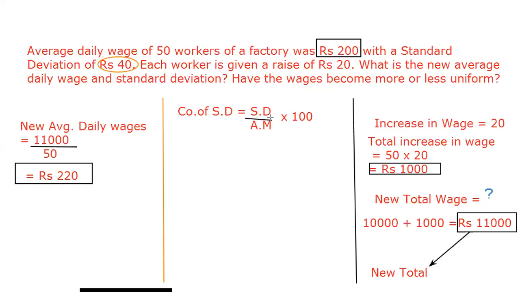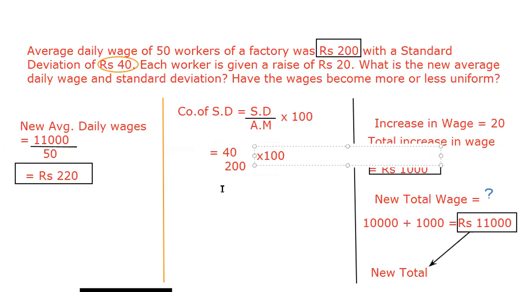Now we are finding it for our previous average. Our previous SD is 40, divided by our arithmetic mean 200, our previous arithmetic mean, into 100.